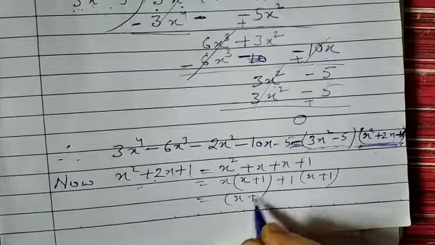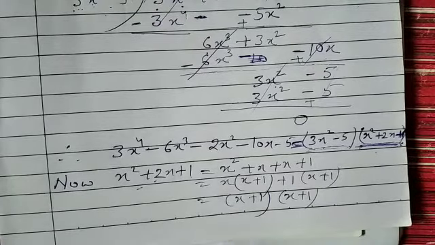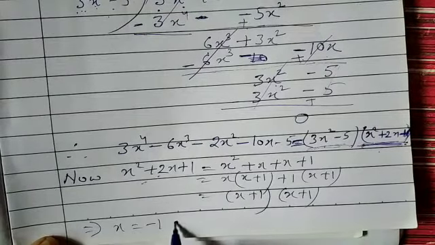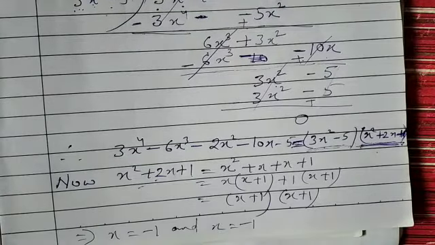So x plus 1 is the factor twice. This implies that x is equal to minus 1 and x is equal to minus 1.